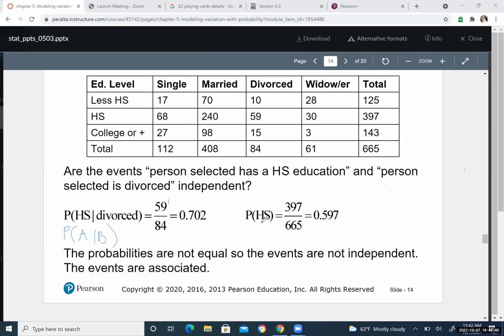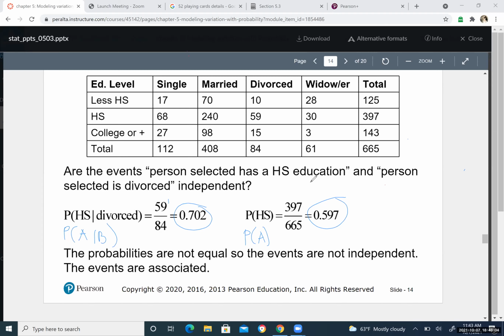So high school will be the probability of event A based on the formula. You have to test this too. When we're testing it, we found that these two values are not the same. If it's not the same, it means it's not independent. That means they are associated.